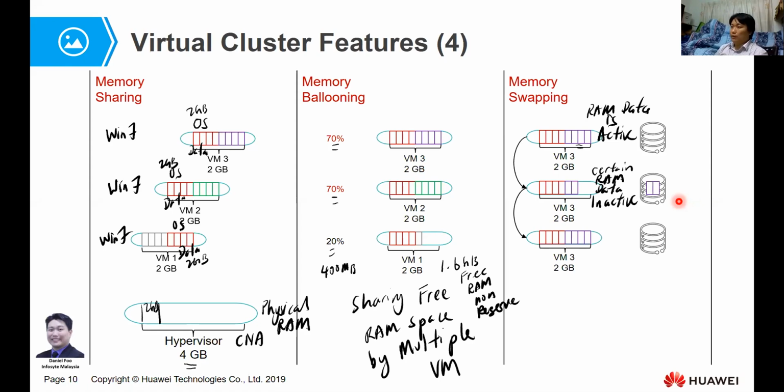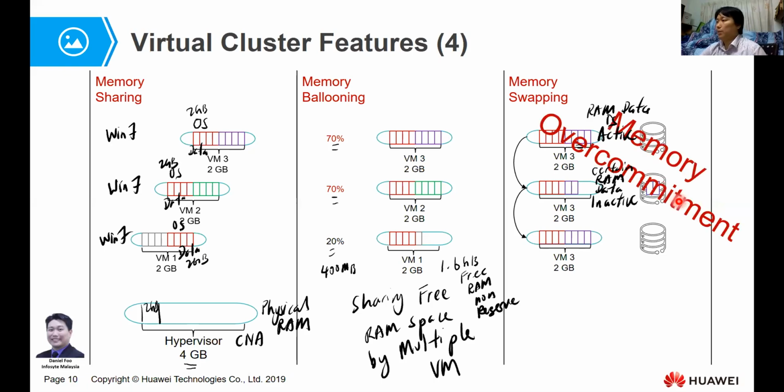All these three features are actually part of a big one called memory overcommitment. So you basically overcommit what you have on your physical server hardware, especially on the RAM memory part, to run multiple virtual machines that you might not be able to sustain if all of them ran at 100% load.